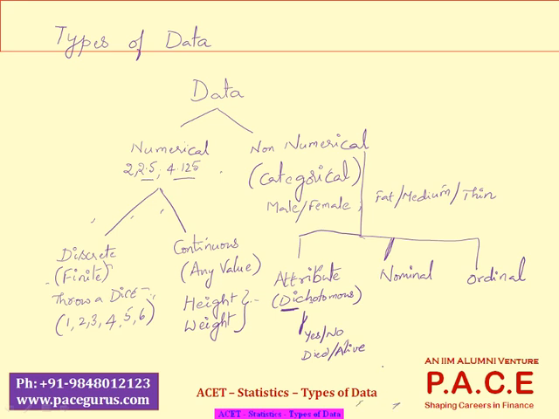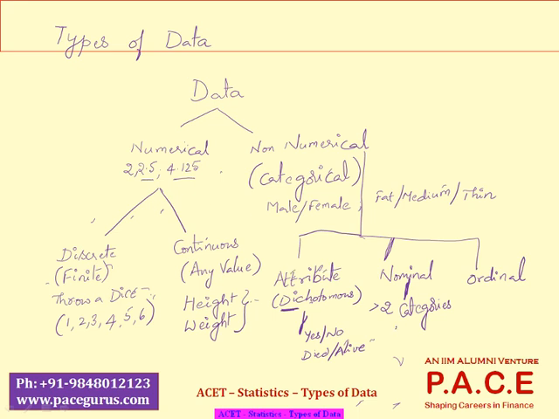Whereas when I look at nominal data, it is again categories, more than two categories, but there is no real relationship between the categories. For example, the states in a country.